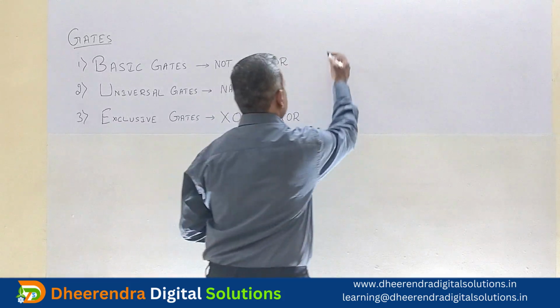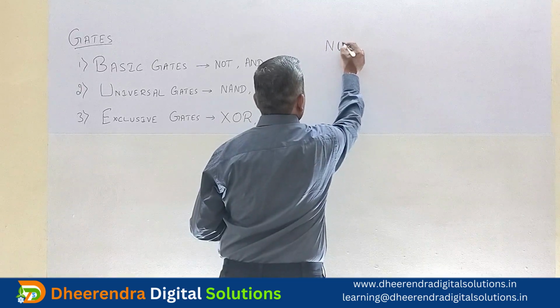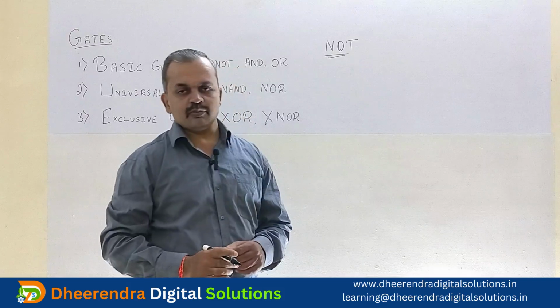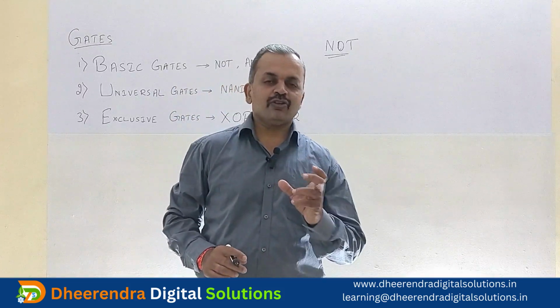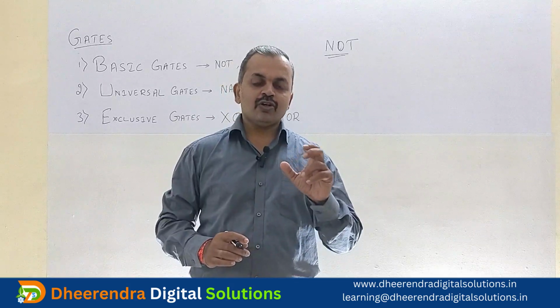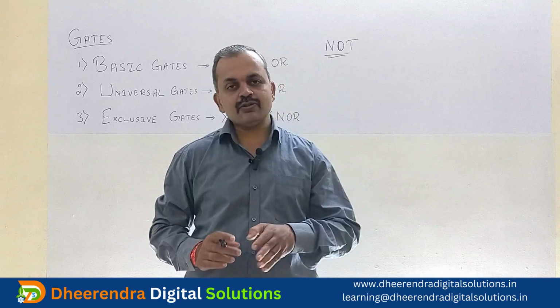Now, let us first look at the NOT gate. All these things are with respect to the simple English terms that we have. When do we use not in an English sentence? Not is used to make a statement true to false and false to true.